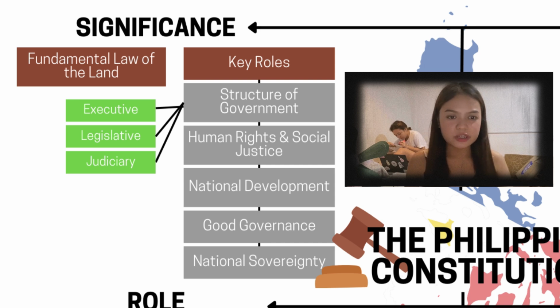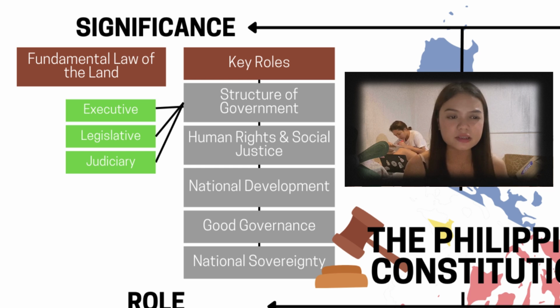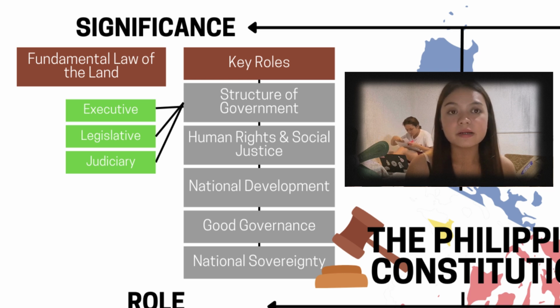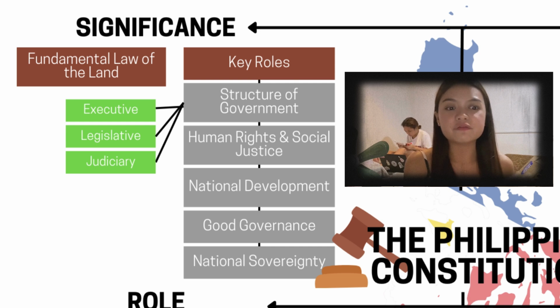The next one is national development. We need to promote national development, so the Constitution outlines the responsibilities of the government and ensures that policies and programs are aligned with the nation's goals. By adhering to the principles enshrined in the Constitution, the nation can strive for economic and social development.